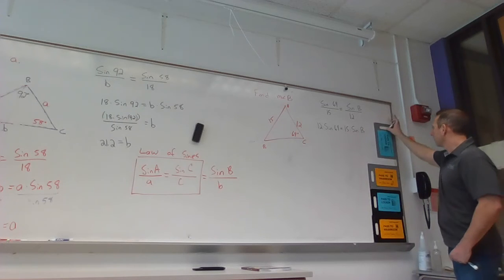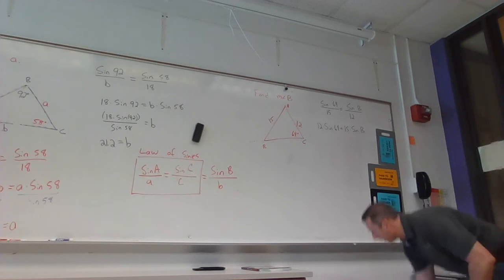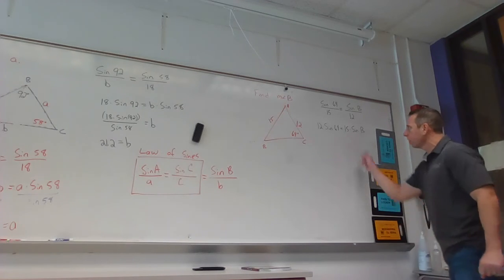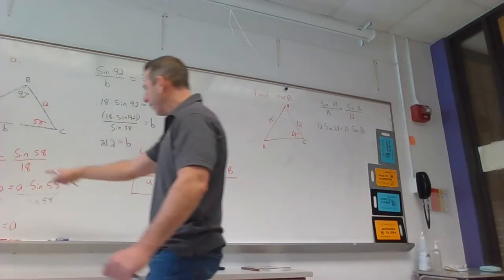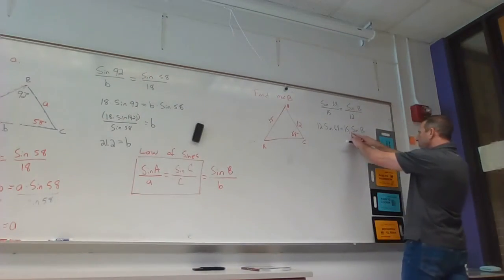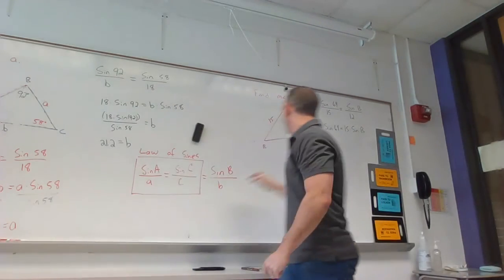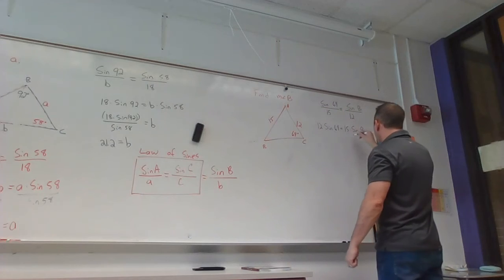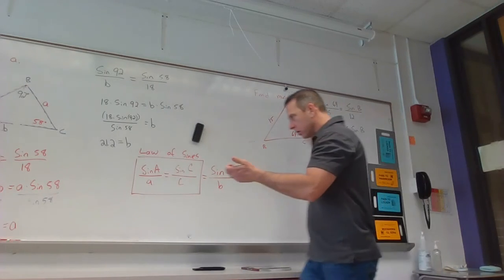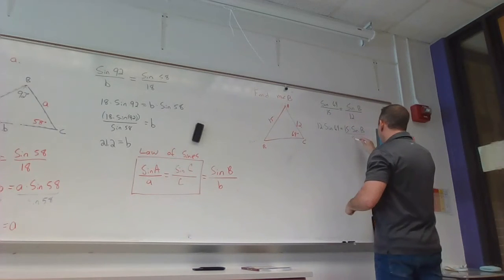What's next? Now it's a little different process, right? Over here, we were getting a side length by itself, and we divided by sine 58. Now we're trying to get this angle by itself. We're multiplying sine B by 15, so divide both sides by 15.